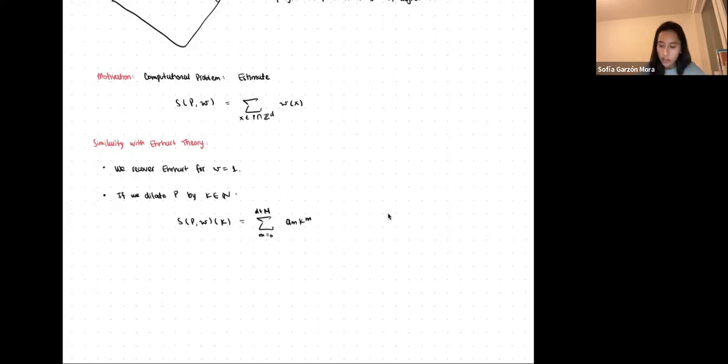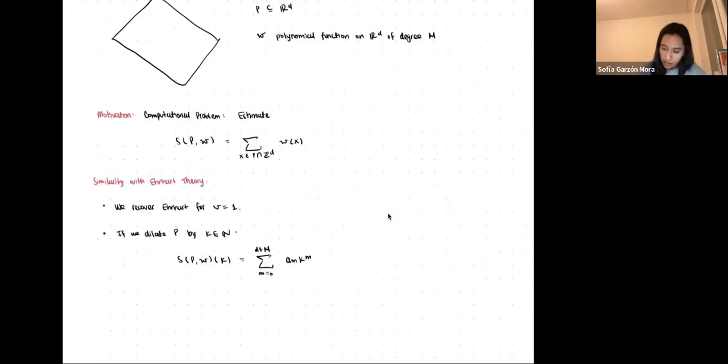So basically the notation changed here, but let me write it as the Ehrhart weighted counting function that we had before, right? Because what we're going to do is try to write it as a sum.